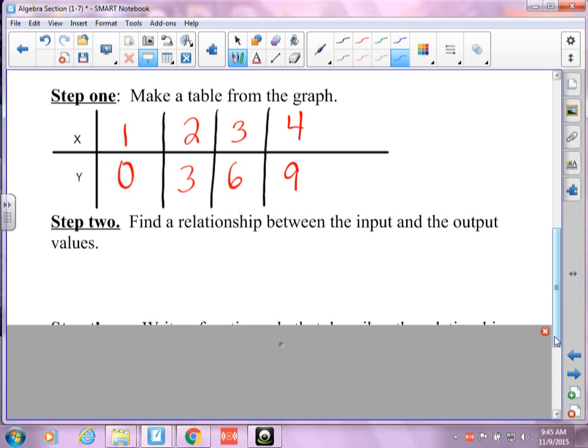Give you a little time. I would get out your calculator, start doing some adding, multiplying, adding, subtracting, those types of things.